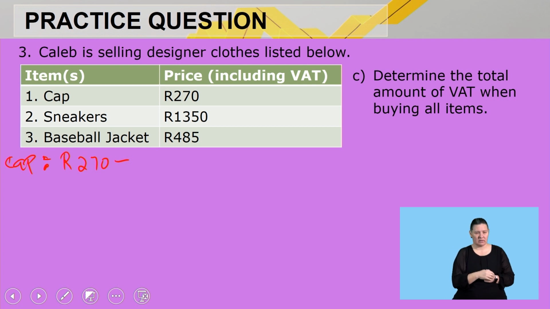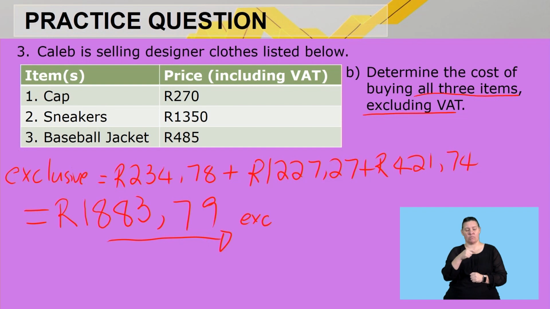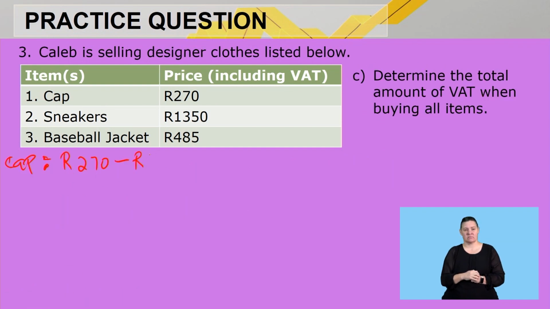We can take the inclusive amount and subtract the exclusive amount. The exclusive amount for a cap is 234.78, so it is 270 minus 234.78.